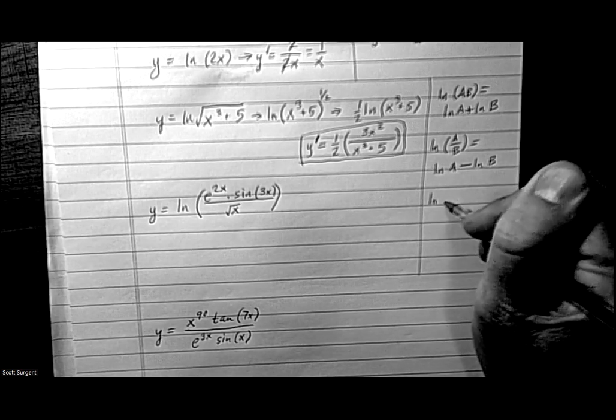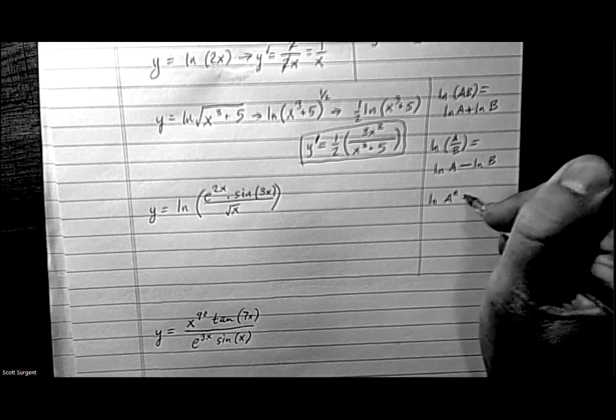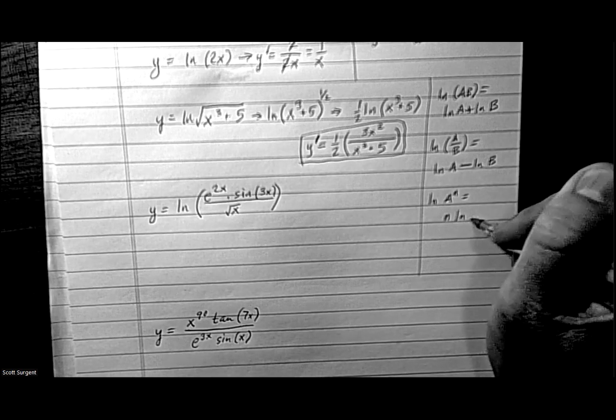And the log of a power is where you just bring the power down in front. It looks like the power rule for differentiation, but it's not. It's actually just a property of logarithms. These are the identical properties of exponents. Logarithms are exponents. And because of the natural logarithm, there are some nice mathematical properties. We tend to use the ln almost exclusively once you get into higher mathematics.